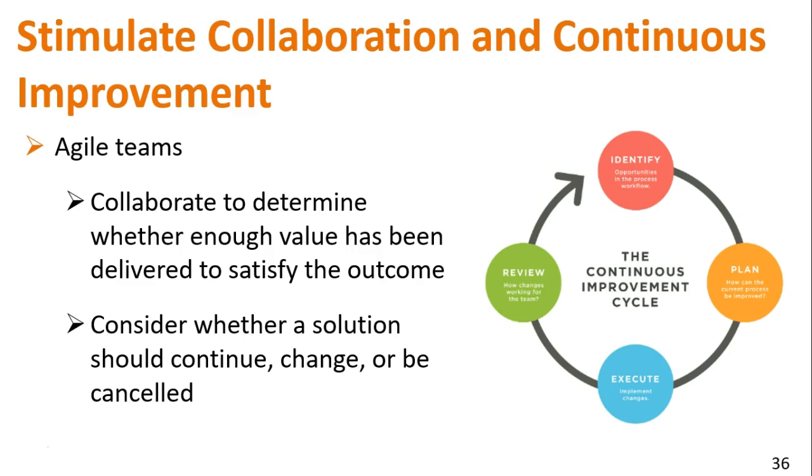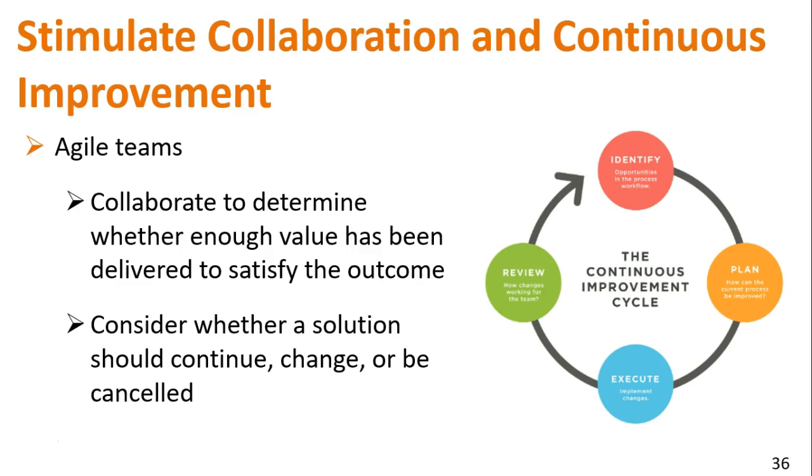That is all based on the value that's been delivered and the outcomes that have been achieved, and basically the Agile team is looking at that to say, okay, have we satisfied the business need? Ergo, have we done what we need to do in order for our solution to be successful?